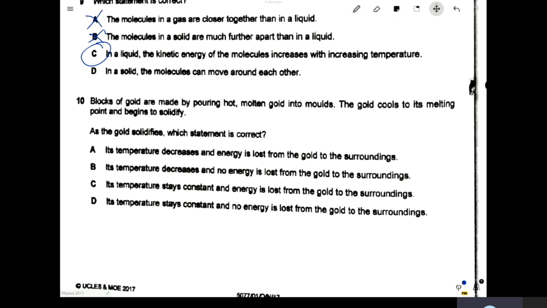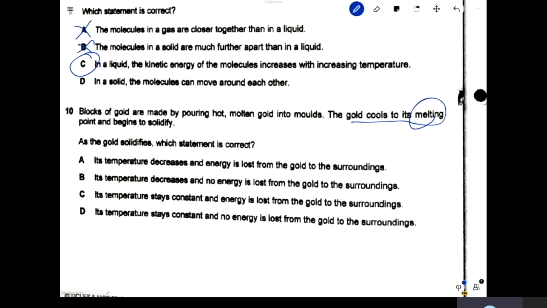Blocks of gold are made by pouring hot molten gold into molds. The gold cools to its melting point and begins to solidify. As the gold solidifies, which statement is correct? Now we are talking about as it's solidifying.